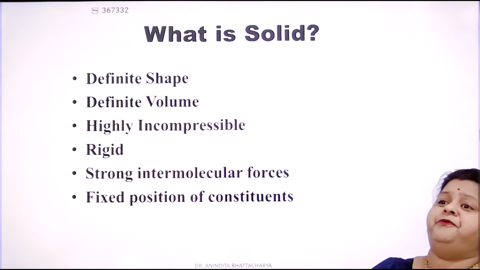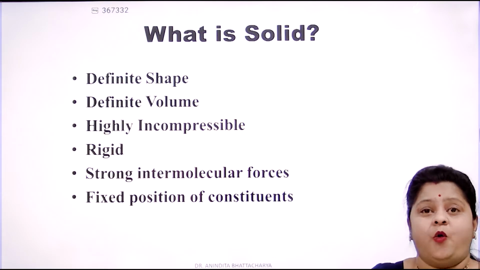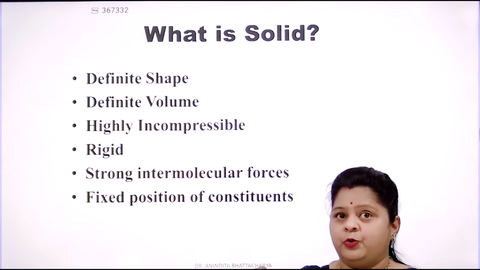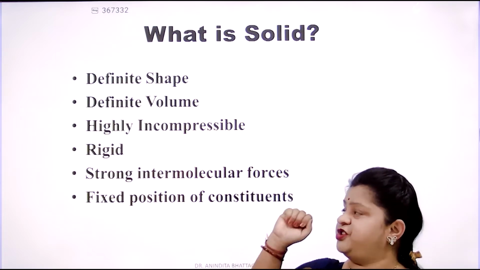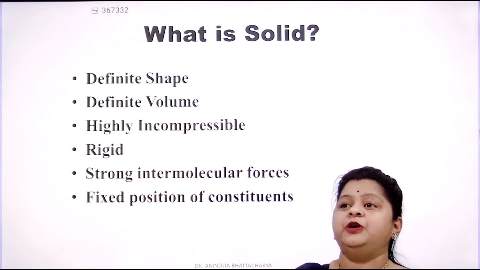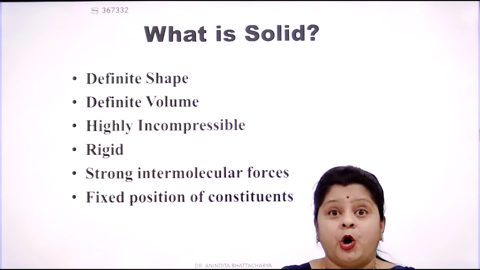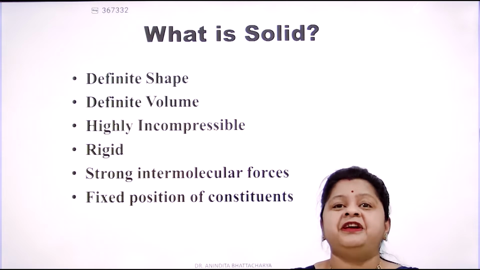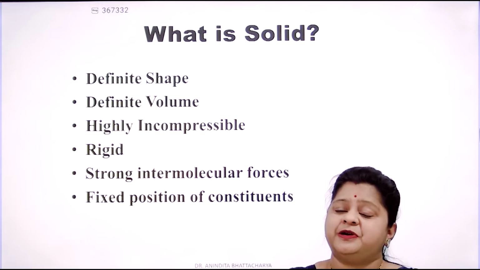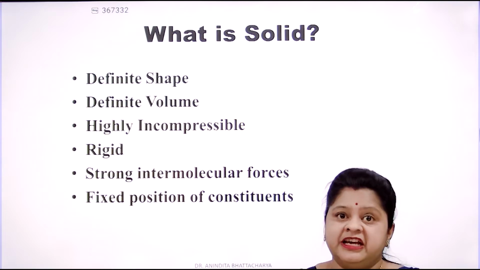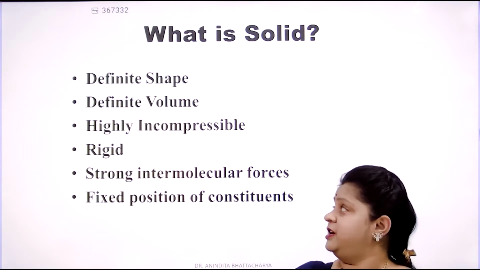Now, if we move ahead, what is solid? So here we know that solids have a definite shape, definite volume, and it is highly incompressible because it is having strong intermolecular forces. It is rigid, again, because of those forces.